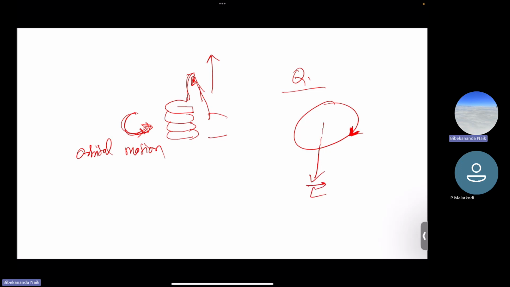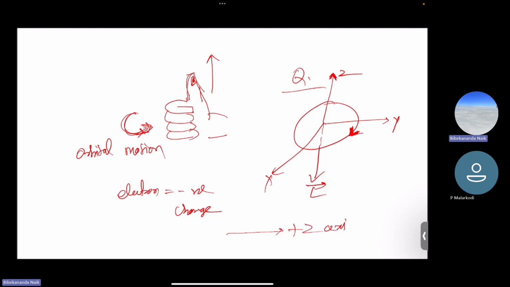So L vector should be in minus z direction, that is, this is y, this is x, and this is z. However, if you see, electron has negative charge, so the direction will be opposite to that of the right hand thumb rule, so it will be along plus z axis.